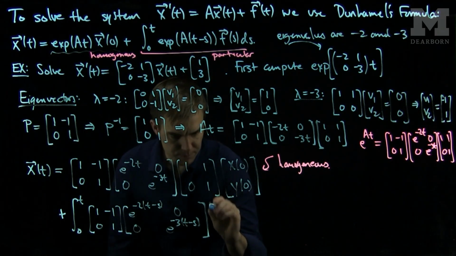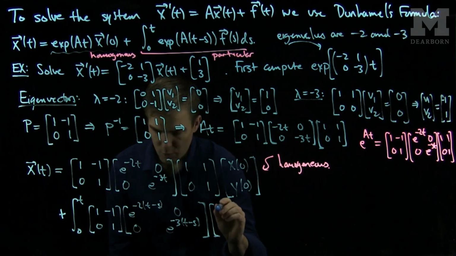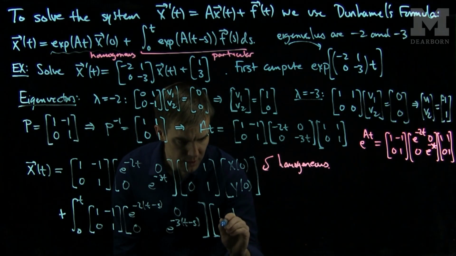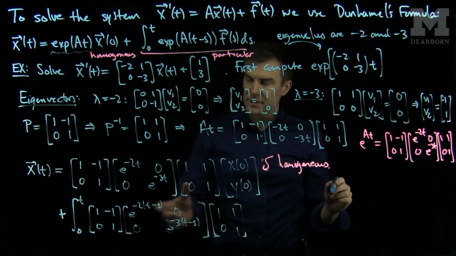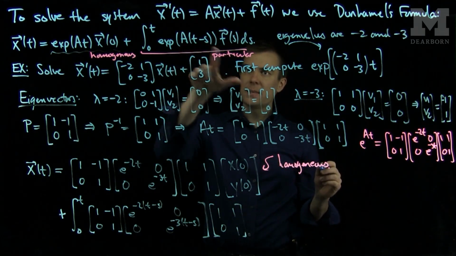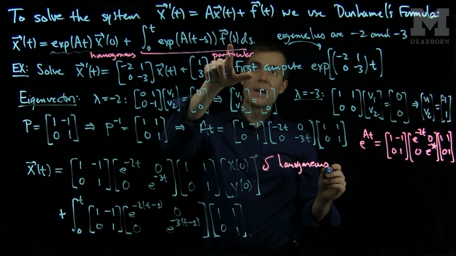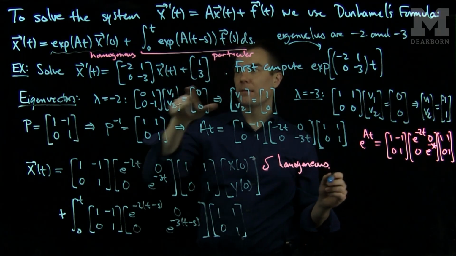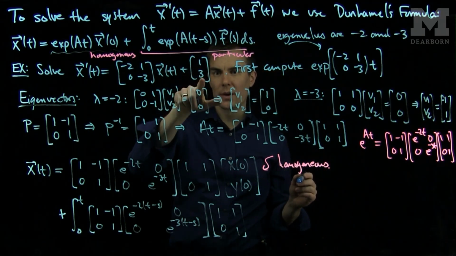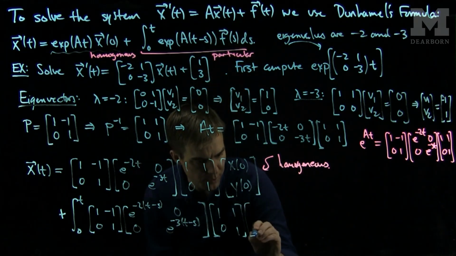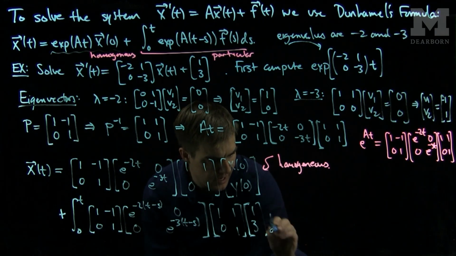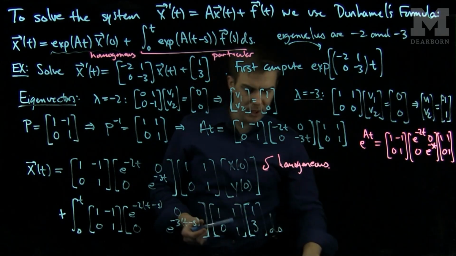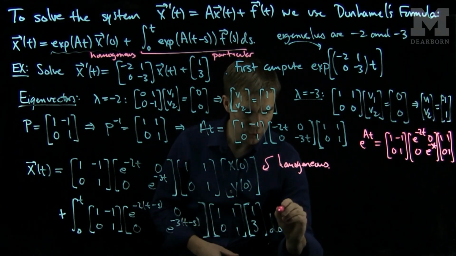And then I'll have the matrix P inverse, which we found to be 1, 1, 0, 1. And then this matrix e to the A(t minus s) is operating on the forcing vector f of s, which in this case is a 1 and a 3. So this will be operating on 1, 3 ds. And this expression over here is my particular solution.